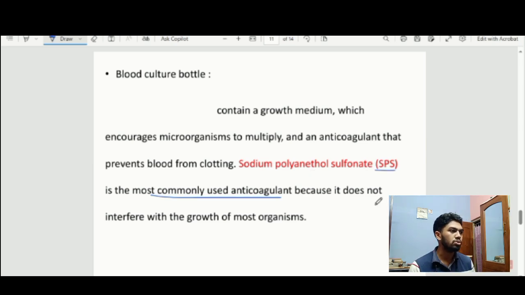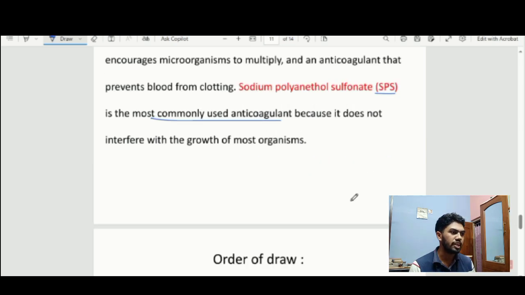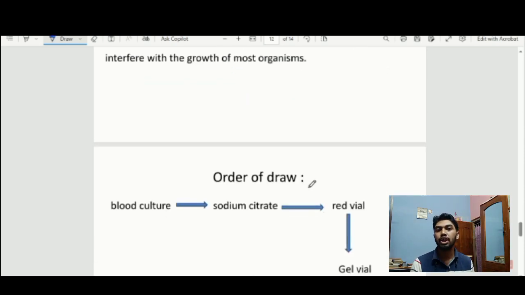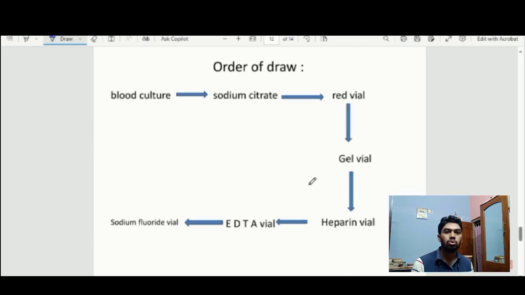It contains a growth medium which encourages microorganisms to multiply. The anticoagulant prevents clotting, and it should not interfere with the growth of the organism. So those are the anticoagulants.